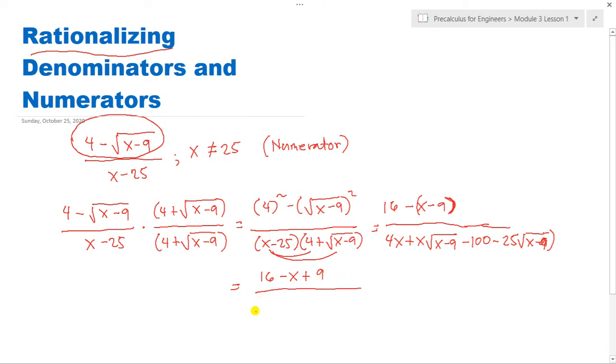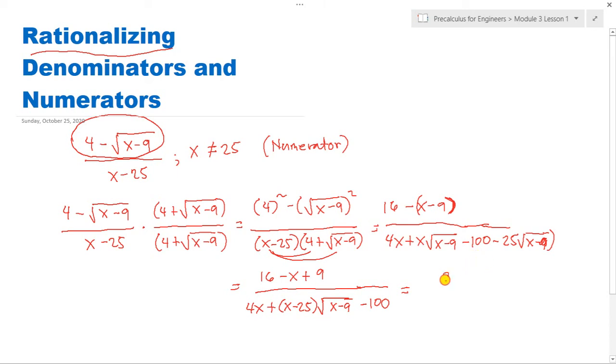And then here let's rearrange or combine same terms. So we have here 4x. Then in this case we have plus x minus 25 times square root of x minus 9. Then minus 100. Then our final answer, so 16 plus 9 is equal to 25.